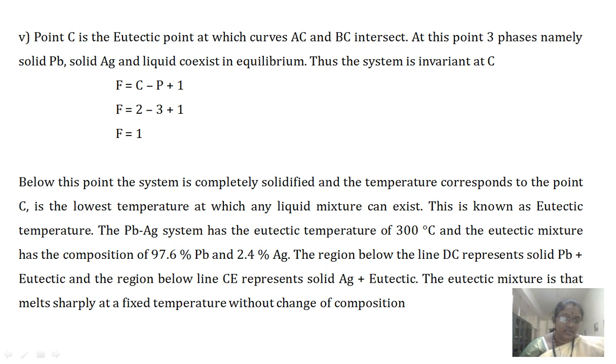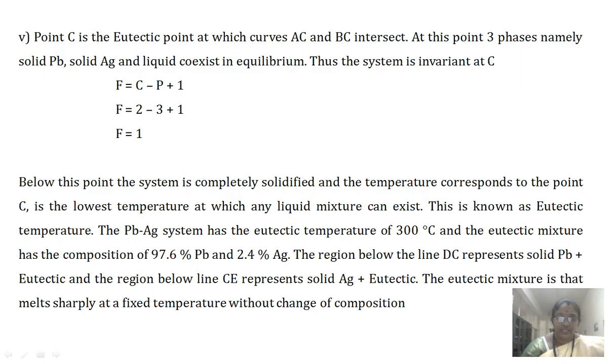Below this point, the system is completely solidified, and the temperature corresponding to the point C is the lowest temperature at which any liquid mixture can exist. This is known as eutectic temperature. So the lead silver system has the eutectic temperature of 300 degrees Celsius, and the eutectic mixture has the composition of 97.6% of lead and 2.4% of silver.